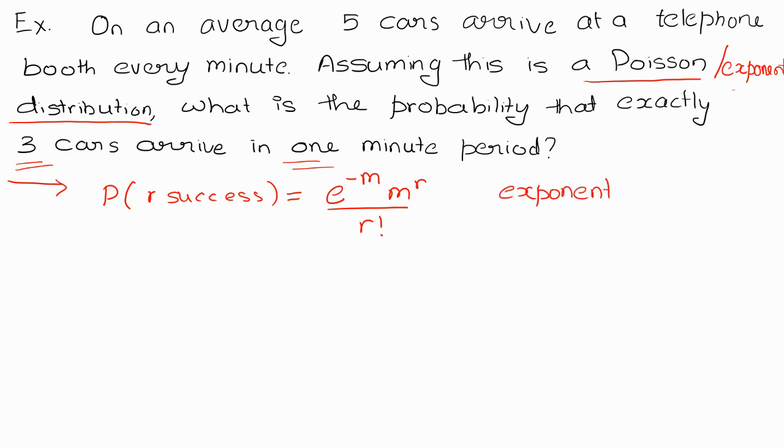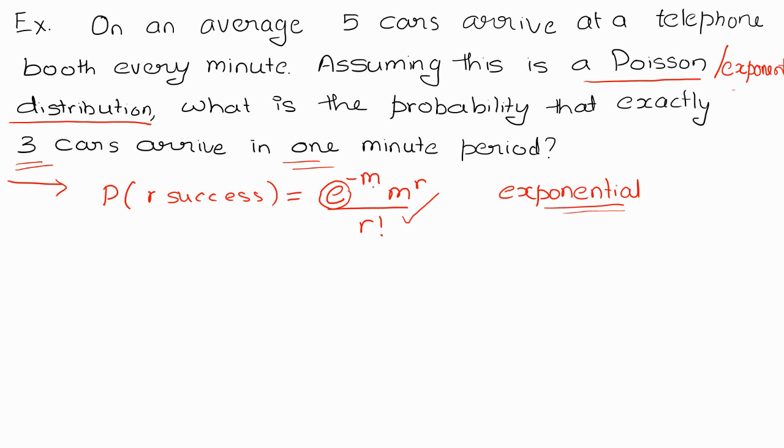Because this formula of the Poisson distribution has an e in it, that is, exponential powers. That's why this distribution is also sometimes called the exponential distribution. So either Poisson distribution or exponential distribution may appear in the question. That means it is one and the same, and you have to use this formula itself. Now let's proceed with the problem.